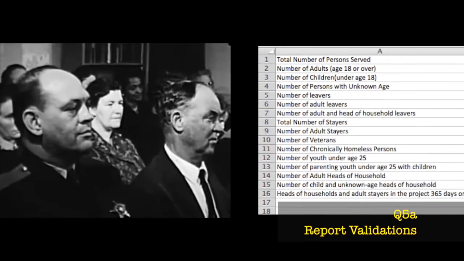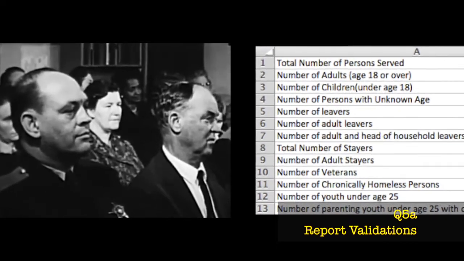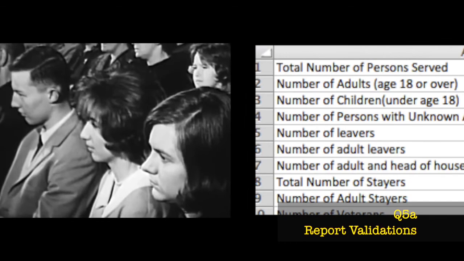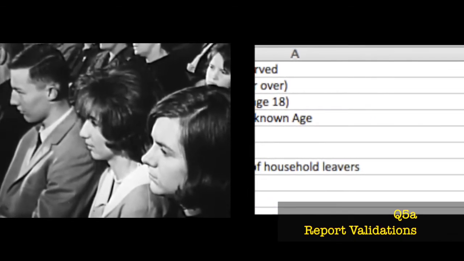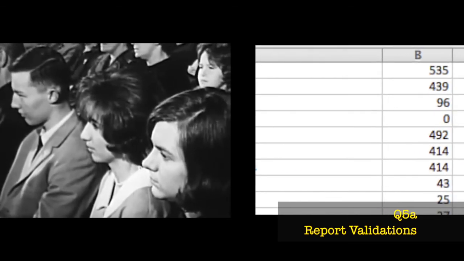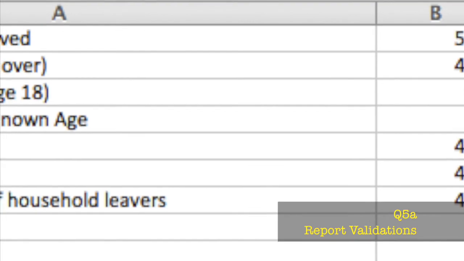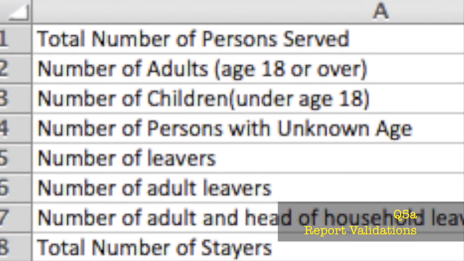Let's start with question 5A, the report validations table. The validations table shows you the breakdown of the people who are enrolled in your program. At the top, you'll see total number of persons served. This is the total number of persons that your project served over the reporting period that you selected for the APR. Underneath that, you'll see the number of adults and the number of children, which the previous APR didn't have.